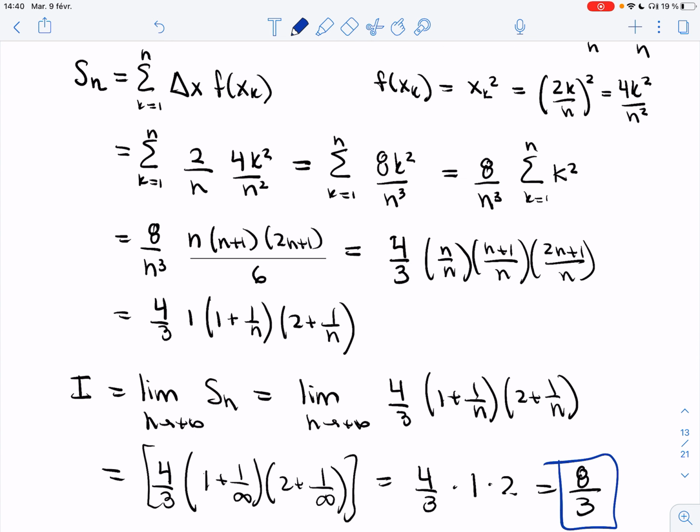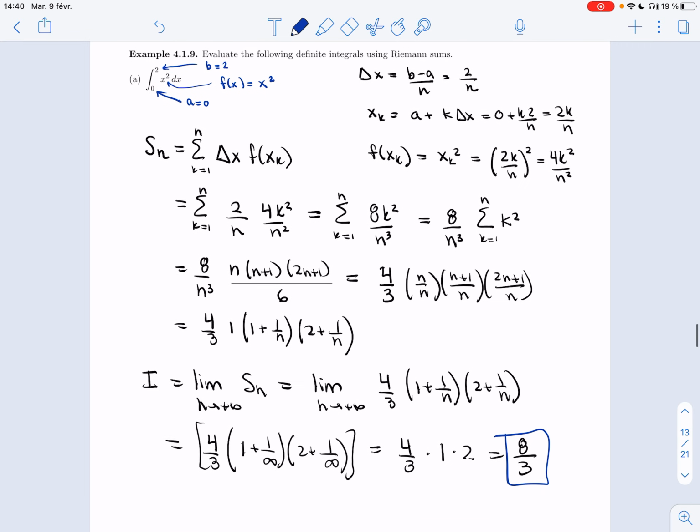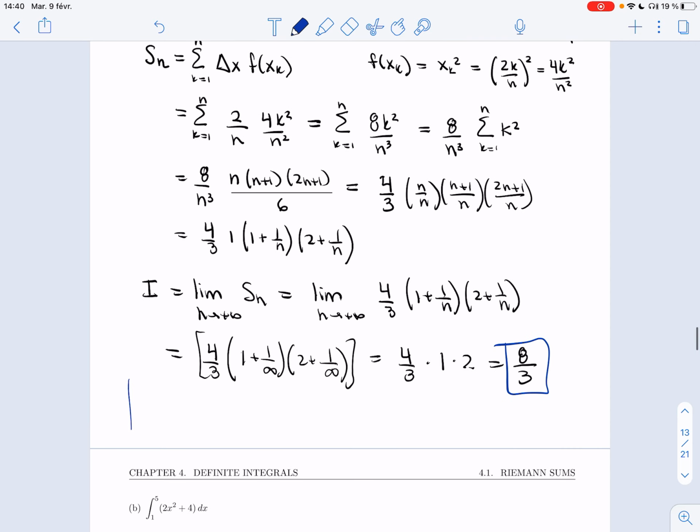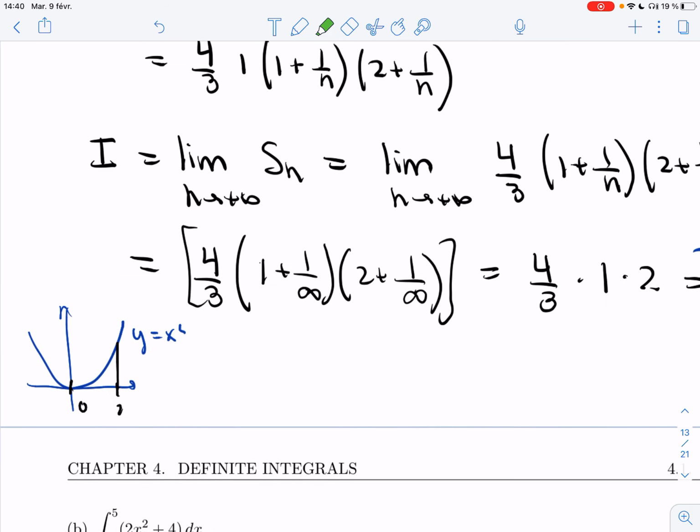So what is this 8/3? Well, if you look at the graph of this function, it's going to look like this, y equals x squared. And if you look at the part from 0 to 2, then what we've computed is this area right here.